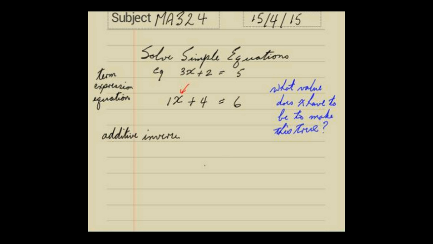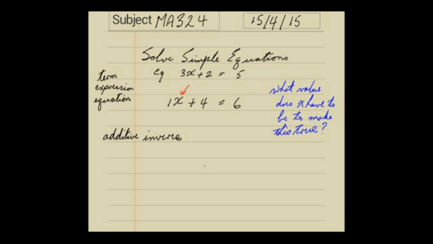An additive inverse is the opposite in sign of a number or a term. If I have 5, the opposite in sign is minus 5.